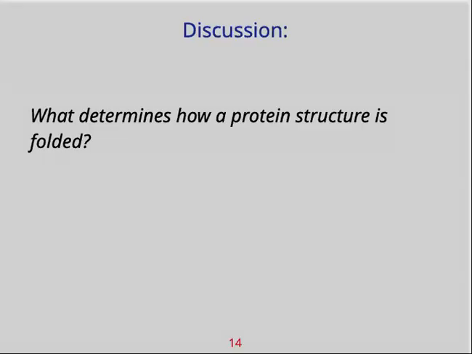So think about what determines how a protein structure is folded. Even though these structures look kind of chaotic and make you think that it's just random and by chance, although a protein with tertiary or quaternary structure looks like a clump of angel hair pasta, the ultimate overall structure of the protein is actually very specific, and it's very much dictated by its primary structure.